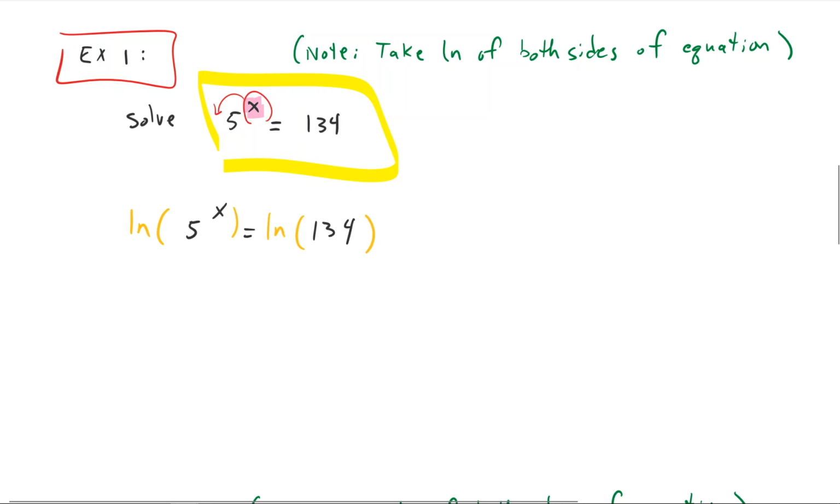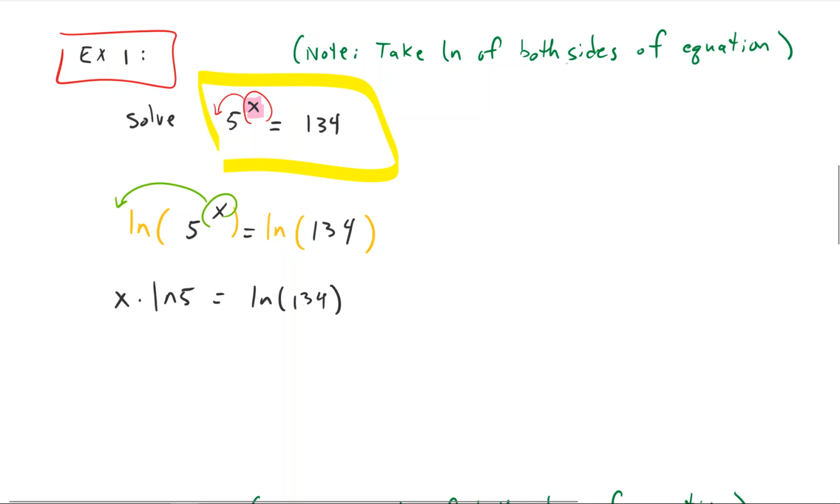I just like the natural log because it's one less letter to write out, ln versus log. Once we take the natural log of both sides, our log rules let us take this x out in front. And so now we have x times the natural log of 5 equals the natural log of 134.